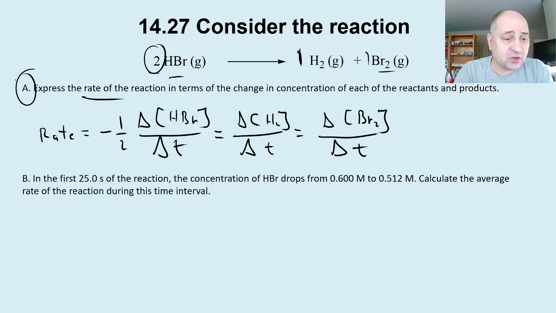So B, in the first 25 seconds of the reaction, the concentration of HBr drops from 0.6 molar to 0.512 molar. So this tells us the difference in concentration, final minus initial.